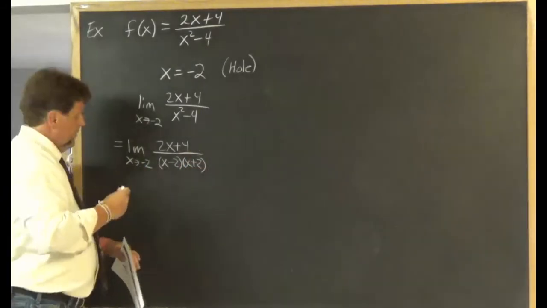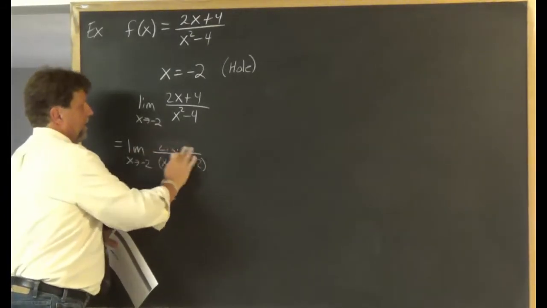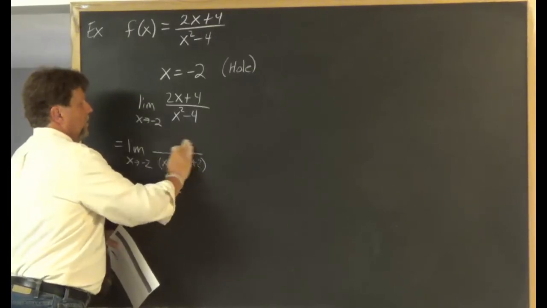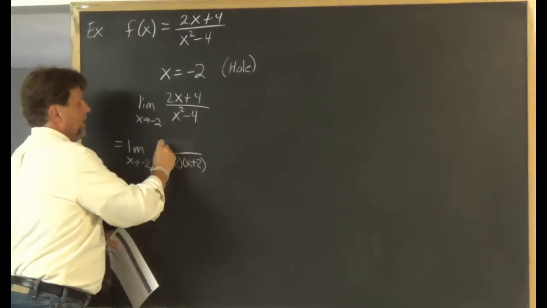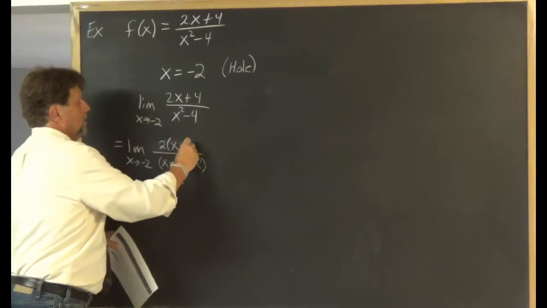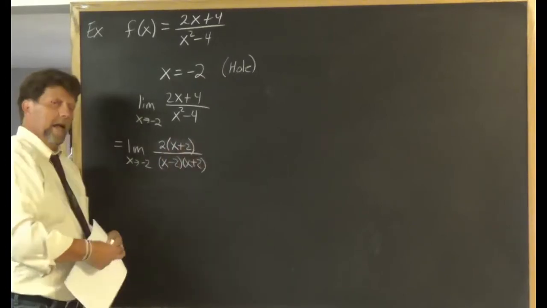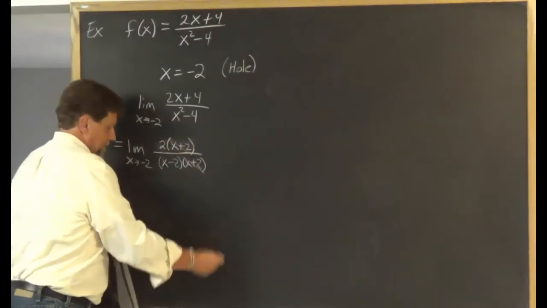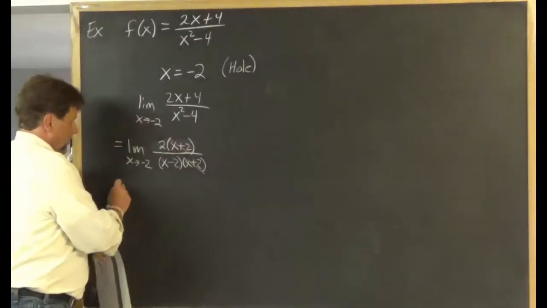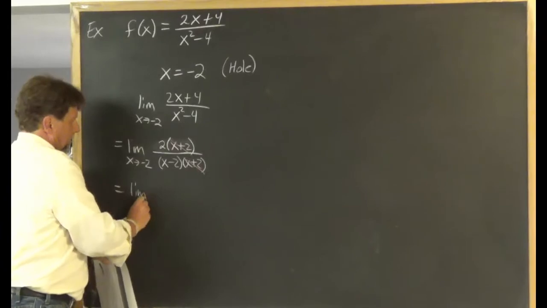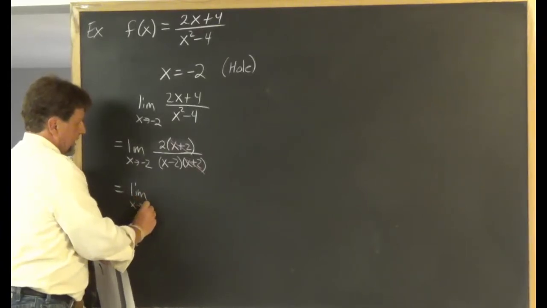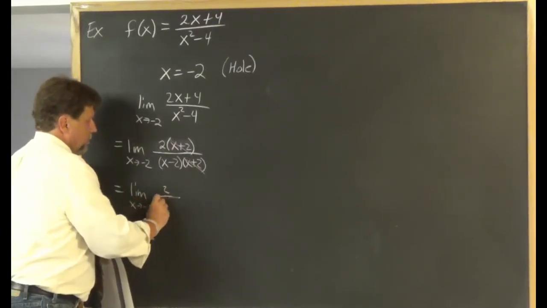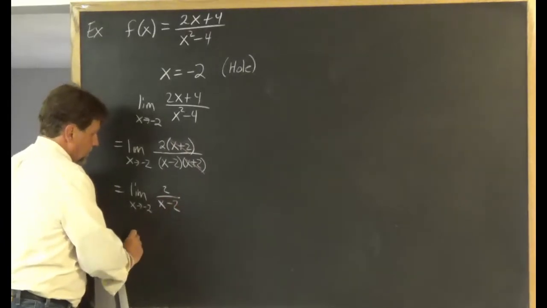And you know what? Why don't we go ahead and factor the numerator? We can factor a 2 out of the numerator. And now that we have everything factored, notice we can cancel the x plus 2's, which leaves us with the limit as x approaches negative 2 of 2 over x minus 2.